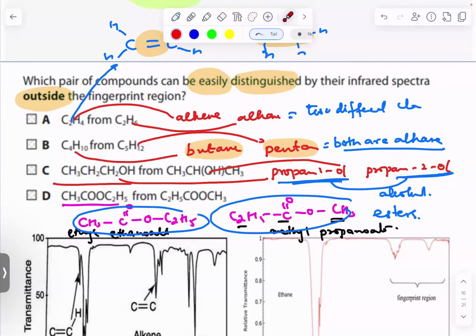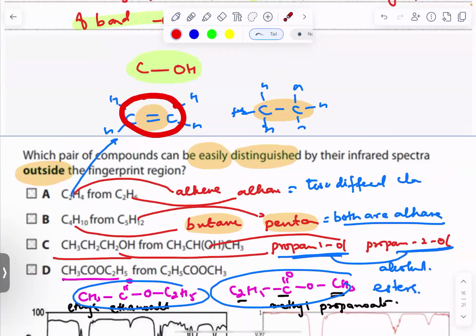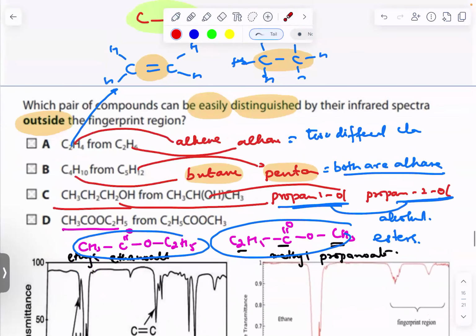Now have a look, Anika. The first option, this is alkene, this is an alkane. Two different classes. So there would be a clear difference in the IR spectrum because one contains a C double bond C and the other will contain a C single bond C. So this is a very clear difference.